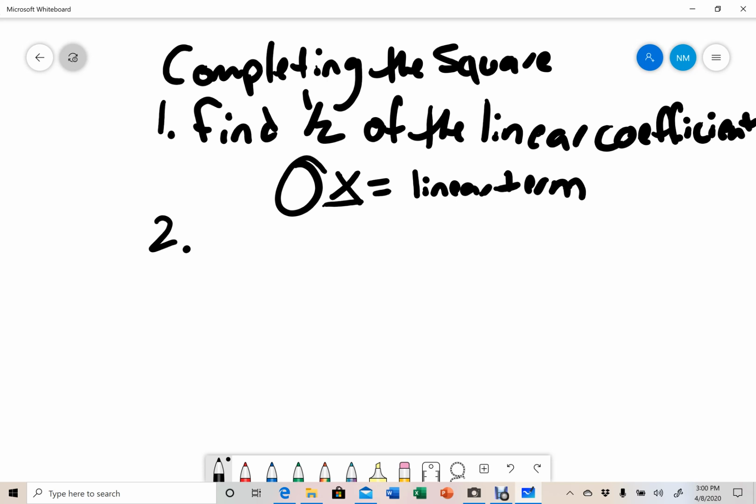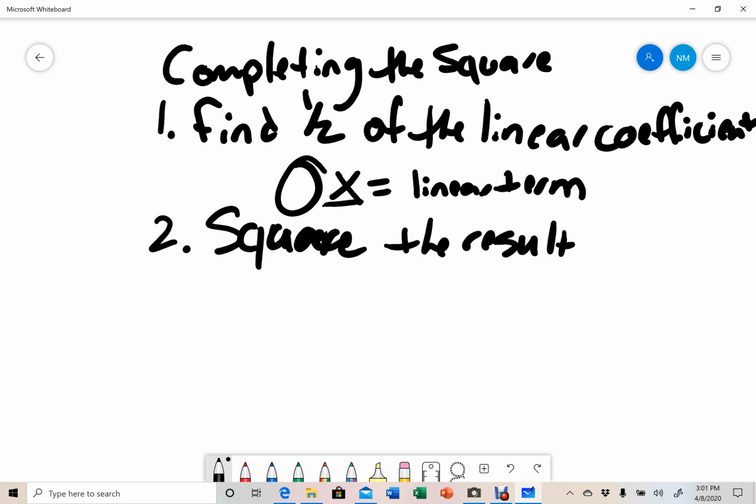And then in step number 2, we are going to square the results of step 1. So we take this term, we multiply it by 1/2, and we get an answer.